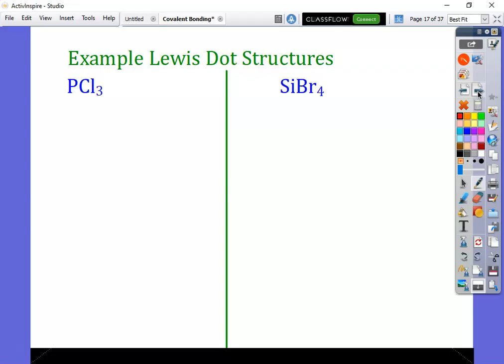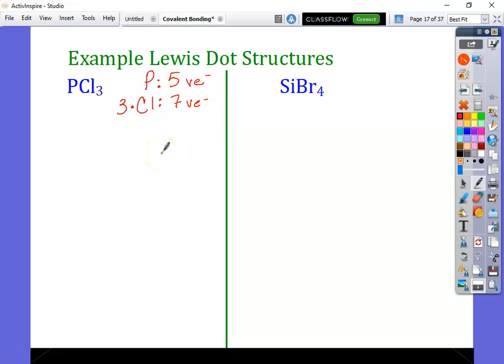An example Lewis dot structure, PCl3. When you go through this procedure, the first thing I tell students to do is make a list of how many valence electrons you have from your elements. So phosphorus, being in column 15, has 5 valence electrons. Each chlorine has 7 valence electrons. Now remember, though, that there are 3 chlorine atoms total.